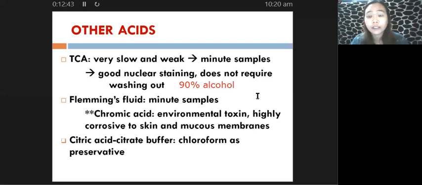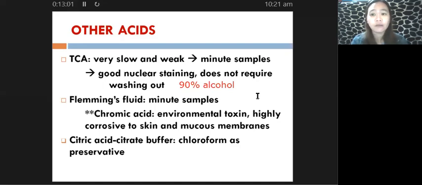So after decalcification, what step do you have to perform? We have your dehydration. So in dehydration, the reagent that is utilized is your alcohol, right? So this is like hitting two birds with one stone.